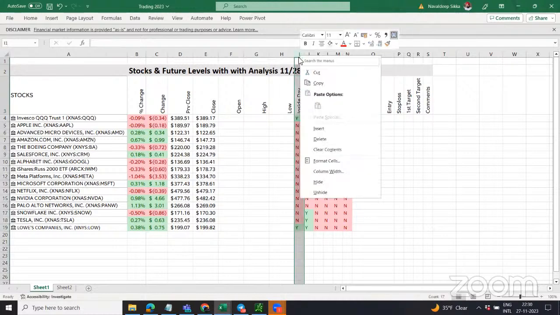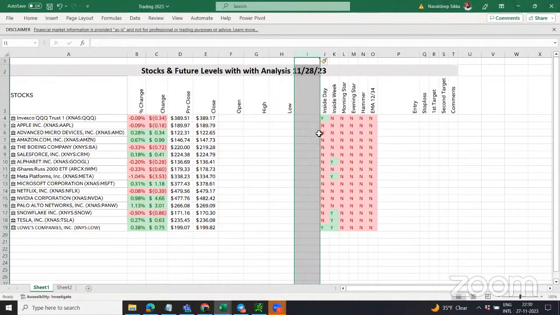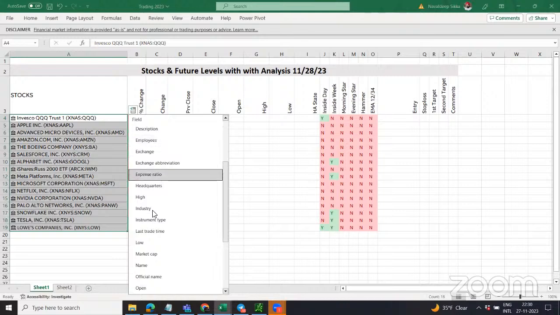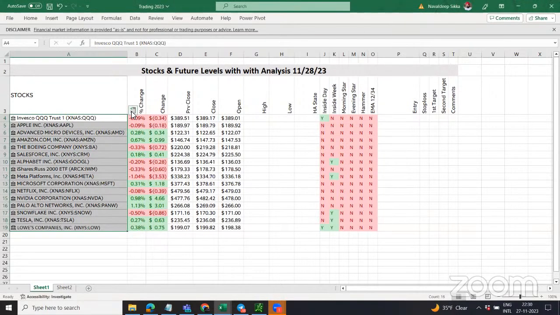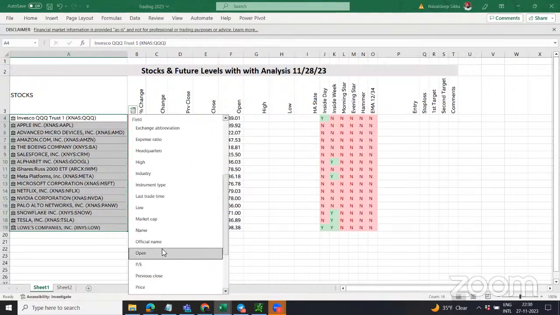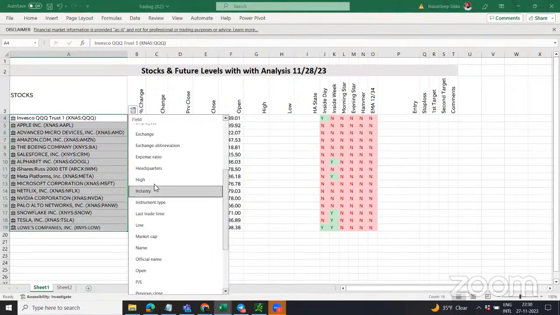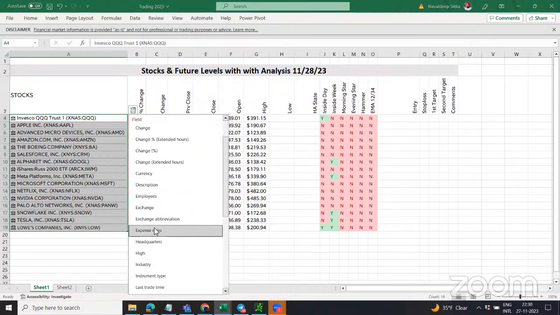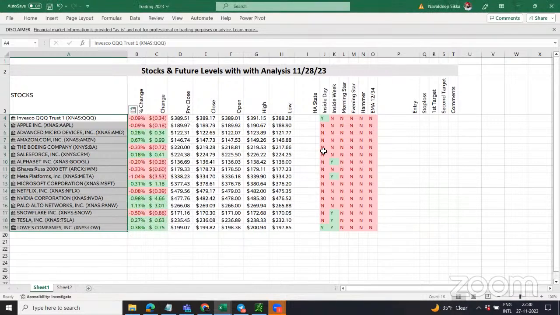So if I add one more column here, I can say HA state. So this way you do not have to look into things at all. Only thing you need to do is come here, use open price, then its high, then its low.